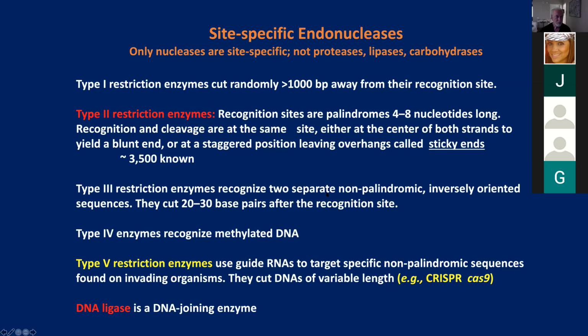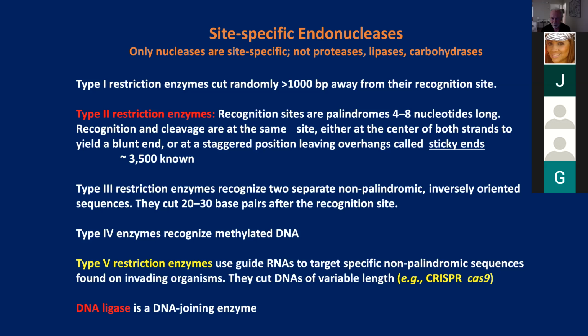Okay, here are the various types of site-specific endonucleases. Type 1 cuts at a specific site, but it's about 1,000 base pairs away from the recognition site. So not very useful in molecular biology. It's the type 2 restriction enzymes that are extremely useful. The recognition sites are palindromes. I'll tell you what a palindrome is in a minute.